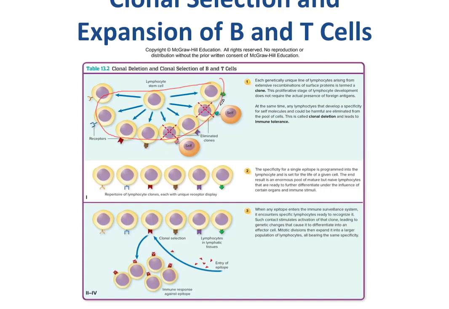However, if the receptors can recognize our host cell, then once this lymphocyte matures, it will attack our host cell. So that's not good. So those lymphocytes will be eliminated. If not, we will have autoimmune diseases.